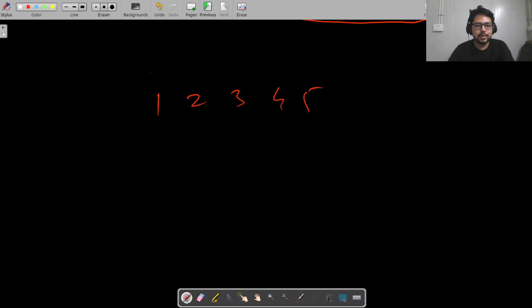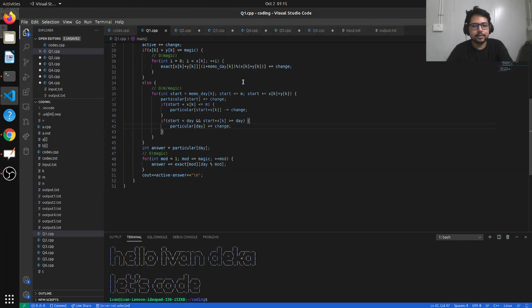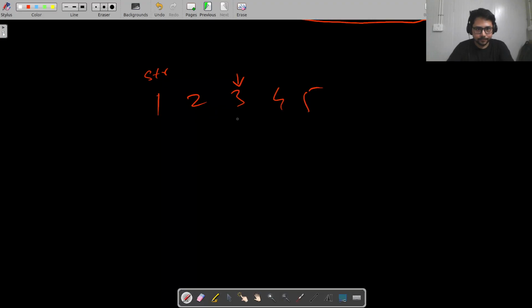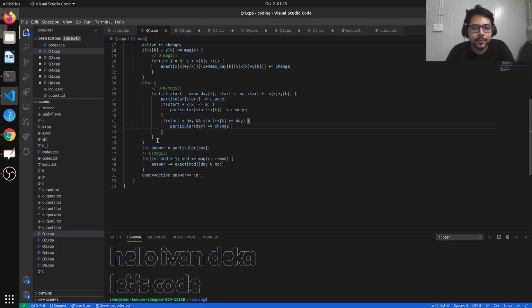The element got started here, and we are now at this ith index, and we need to get rid of this element.